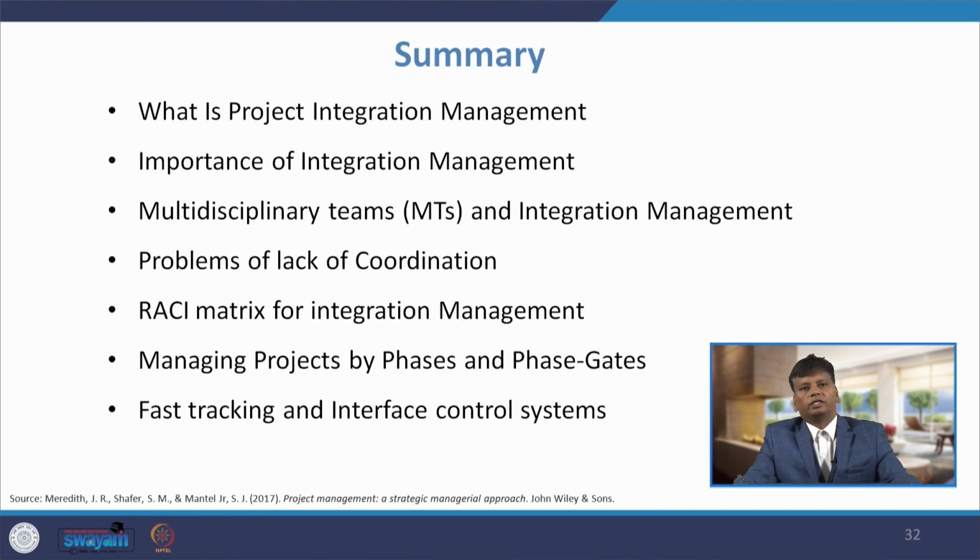So, in this lecture we discussed what project integration management is, then the importance of integration management, then the impact of a multidisciplinary team on integration management, and also the outcome of lack of coordination. There are two ways to achieve integration management.